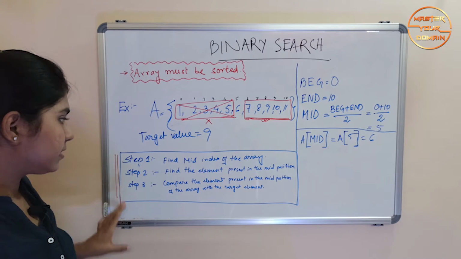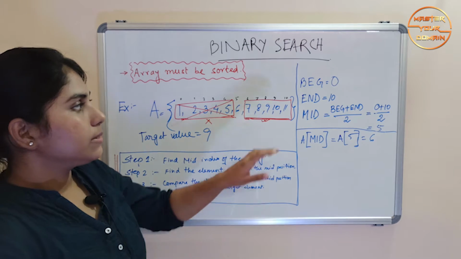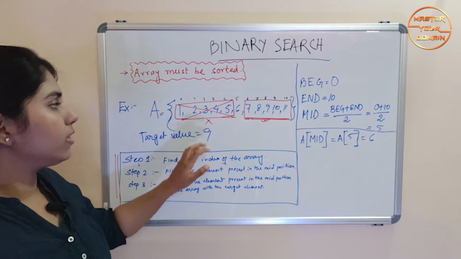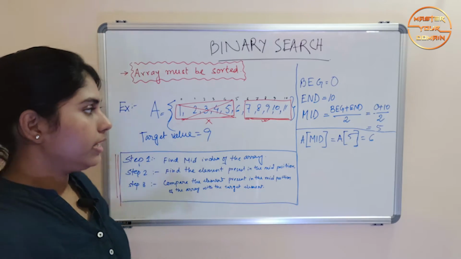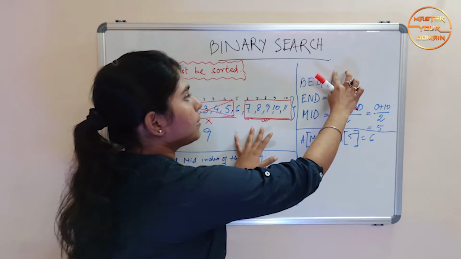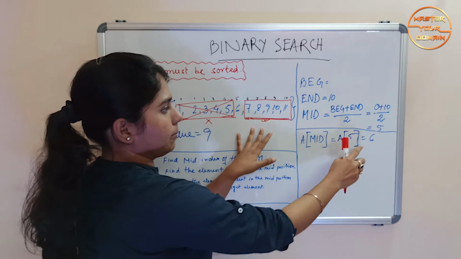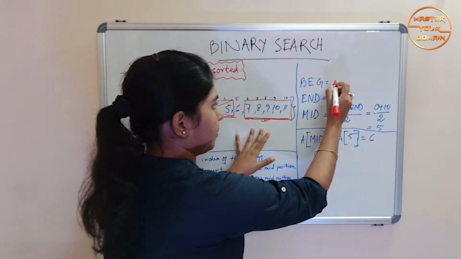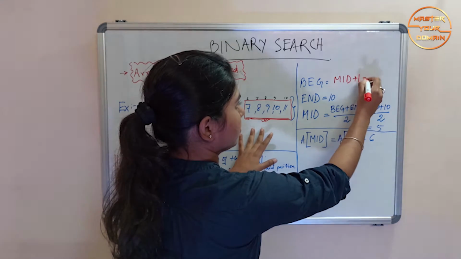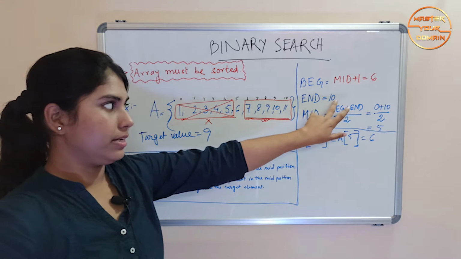Now let's again repeat these steps, but before repeating, let's first note one thing: the value of beg or end must change depending on the array we are considering. Here we are considering this array, so the value of beg must change to mid plus 1, that is 6, and the end index remains the same here.